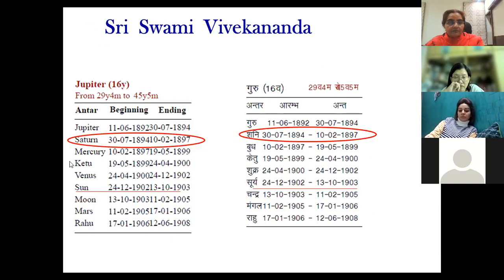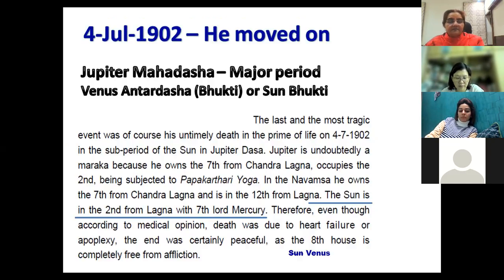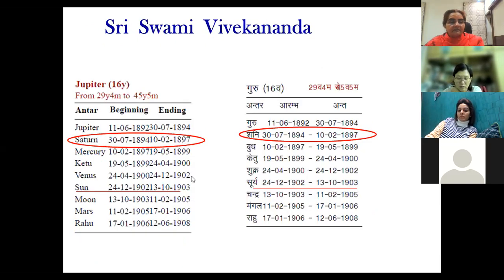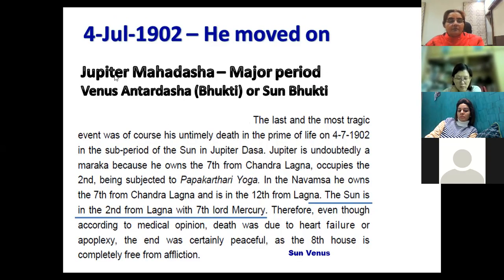So here, this is Jupiter, Sun is here. Sun dasha, correct. Venus is not necessary. 1902, could be a few months difference is coming. In my software, Venus is coming, but he says Sun. Then that's okay, a few months, that's okay.